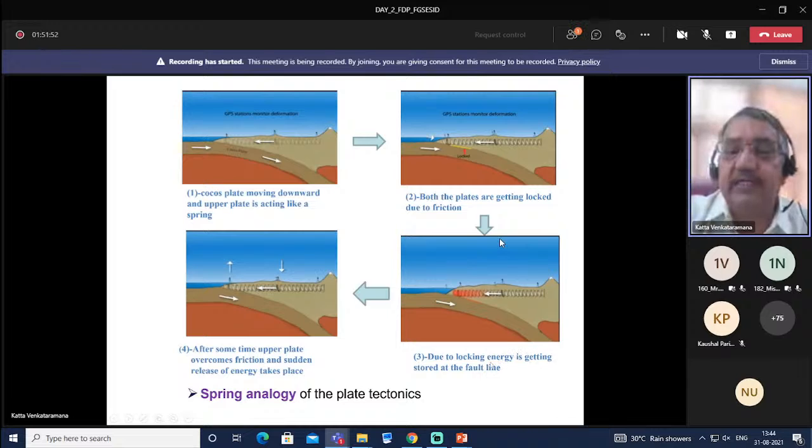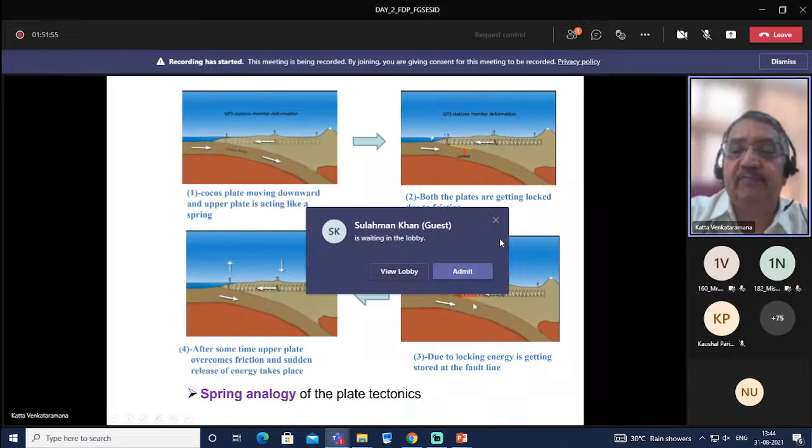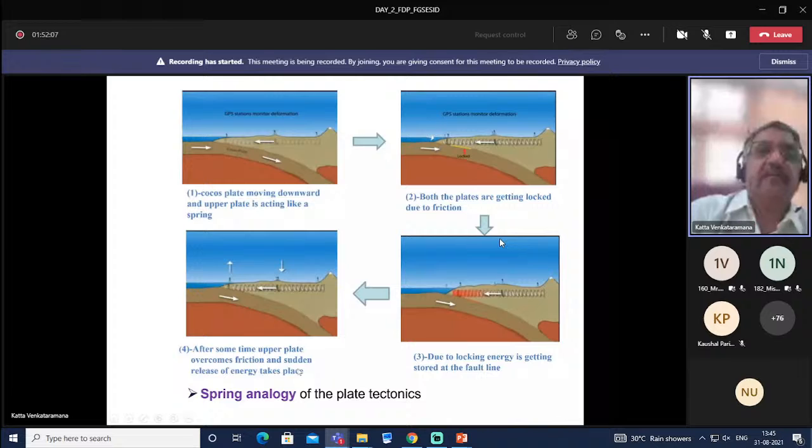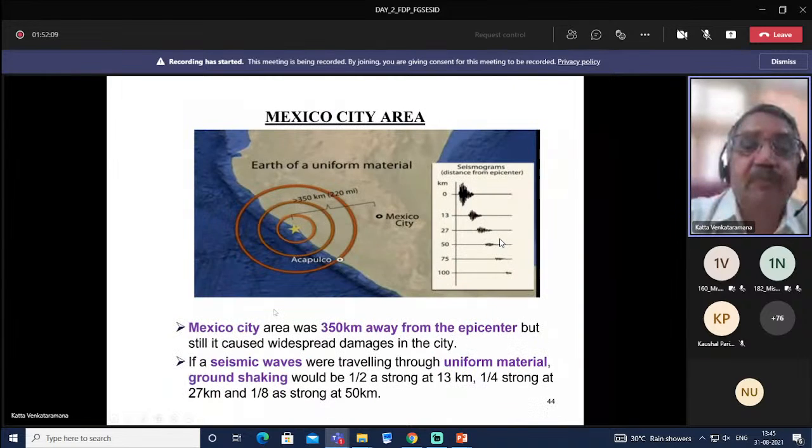Due to locking, energy is stored in the fault line, and then there is a sudden release, resulting in earthquakes. After some time, the upper plate overcomes friction, and sudden release of energy takes place. So this is what happened here.